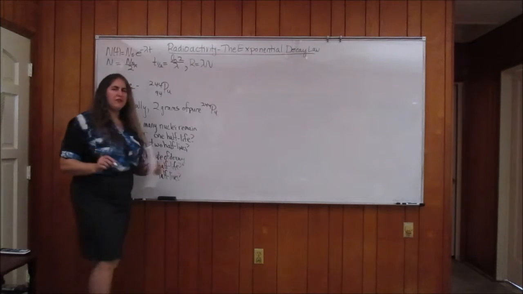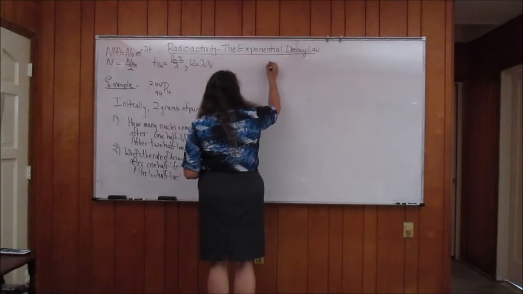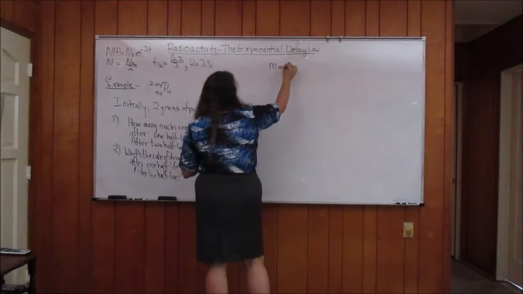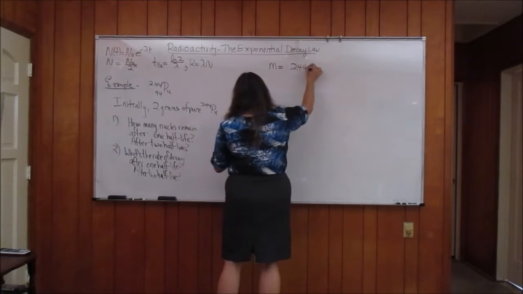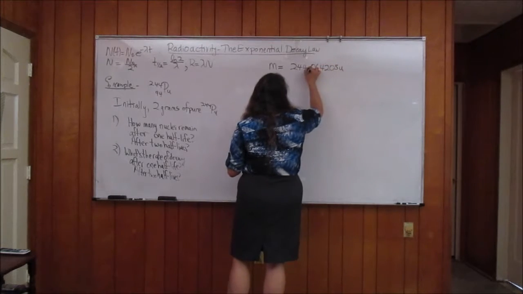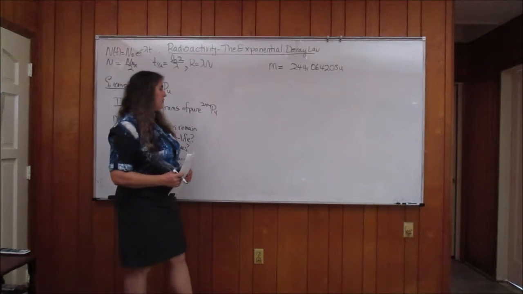We can consult a table of nuclear data and look at the atomic mass of plutonium, and that is equal to 244.064205 atomic mass units.